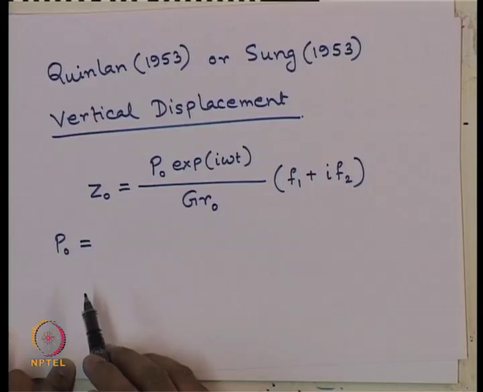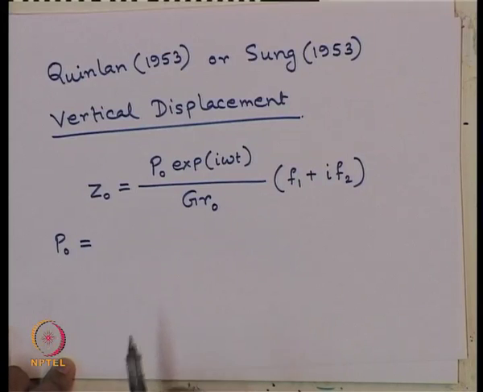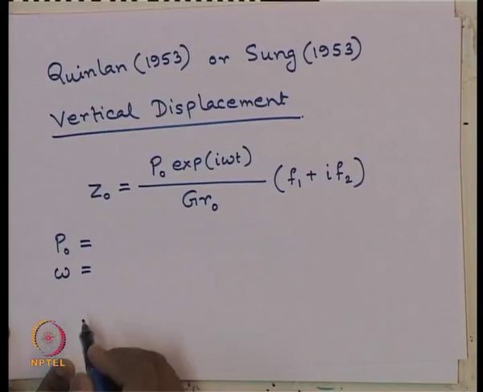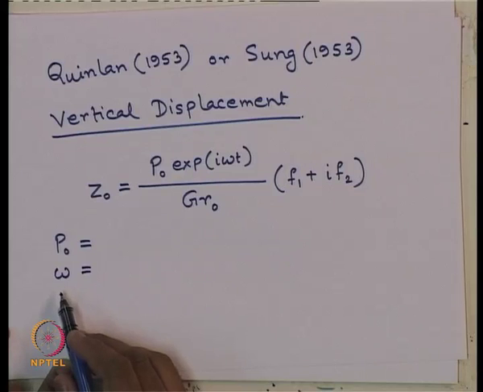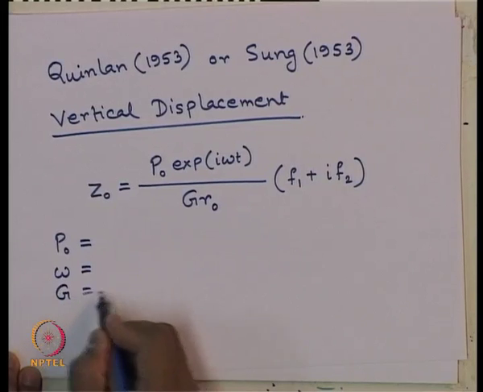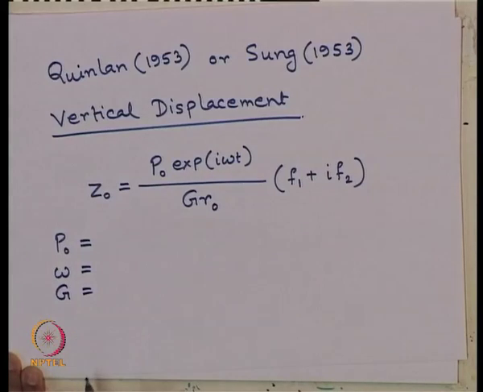So, P naught is the amplitude of dynamic vertical load. What is omega? Omega is the exciting circular frequency for the force applied. G is the shear modulus of the elastic half space, means shear modulus of the soil.